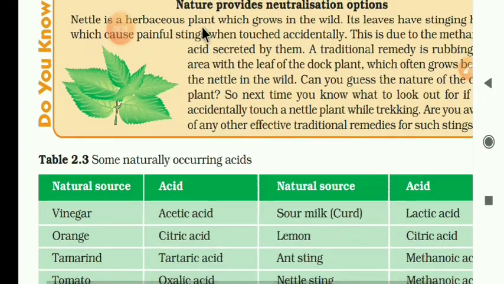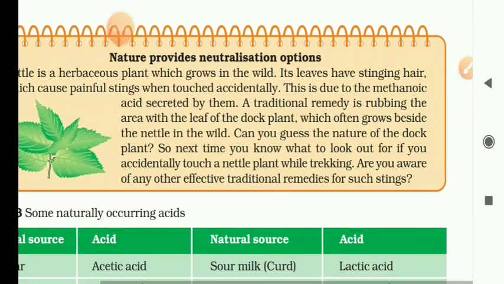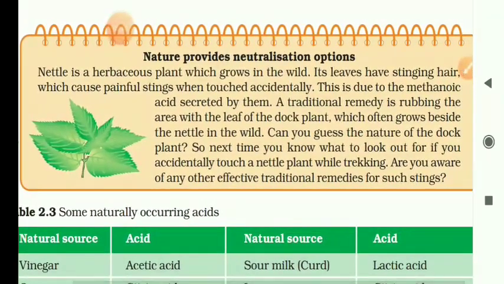And here one more is given: nature provides neutralization options. See, nettle is a herbaceous plant which grows in the wild. Its leaves have stinging hair, which causes painful stings when touched accidentally. This is due to the methanoic acid secreted by them.